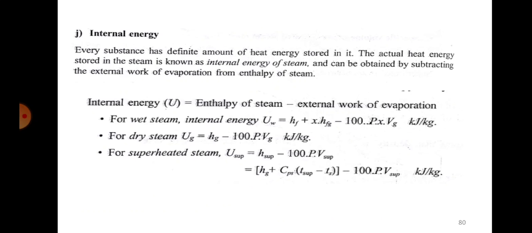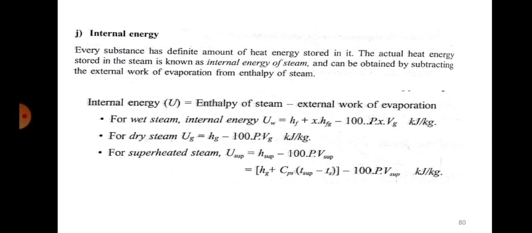Okay, the last concept is internal energy. With this we will complete this entire module. Every substance has a definite amount of heat energy stored in it. Generally any substance will have some energy stored inside the body, and that is called internal energy.